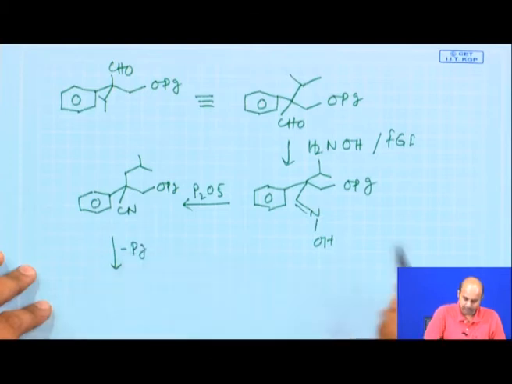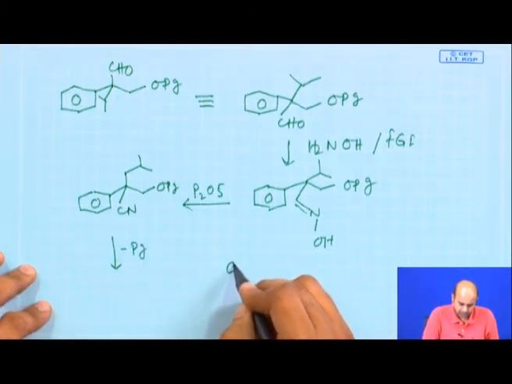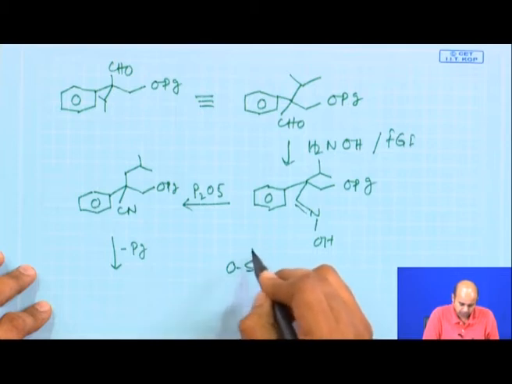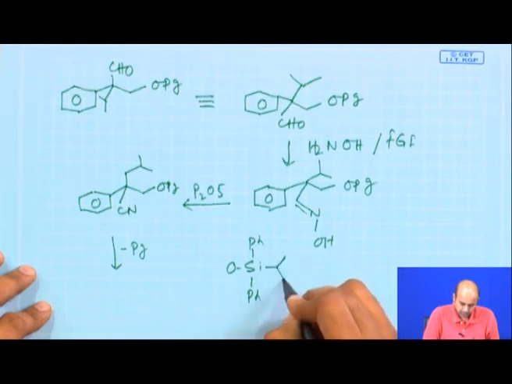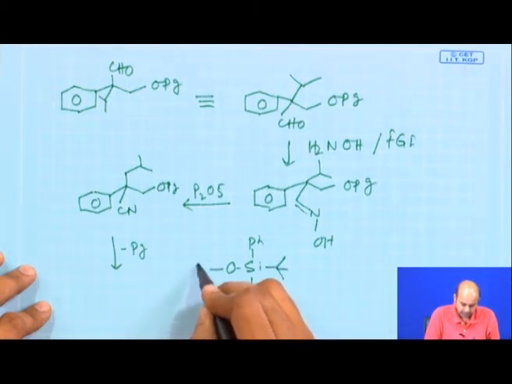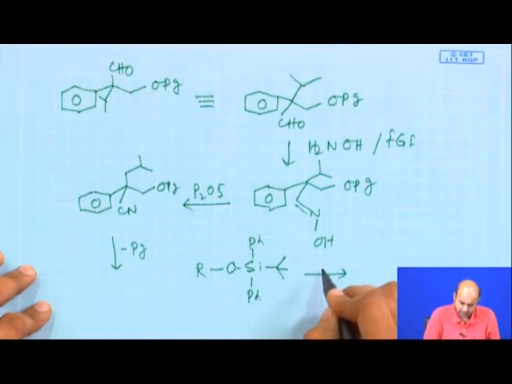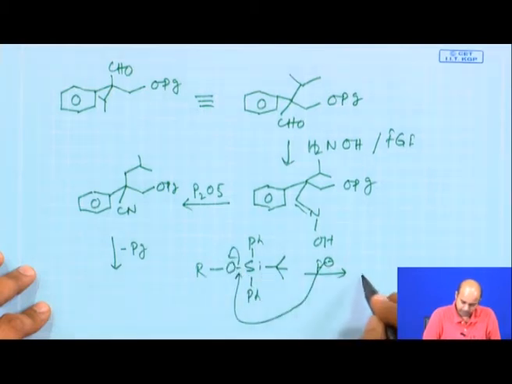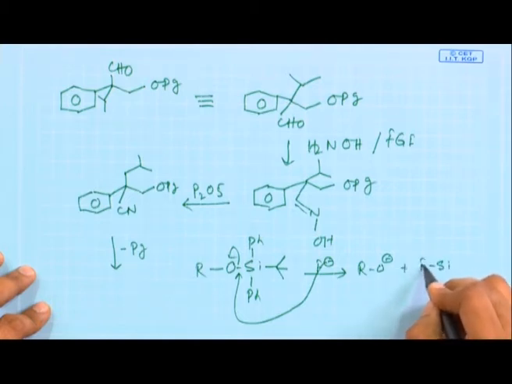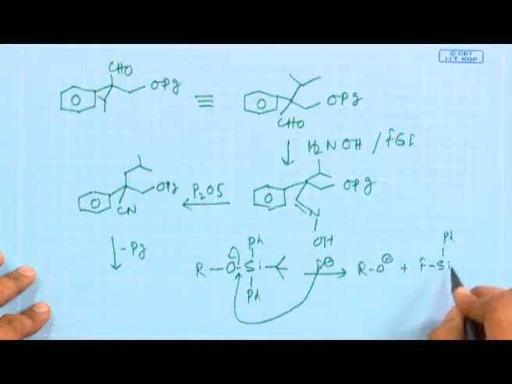Now, this PG removal, this is basically an oxygen-silicon bond. Now, this oxygen-silicon bond is very labile under fluoride conditions, because you are going to form a new silicon-fluorine bond. So, you put in fluoride and it will give you the silicon-fluorine bond.